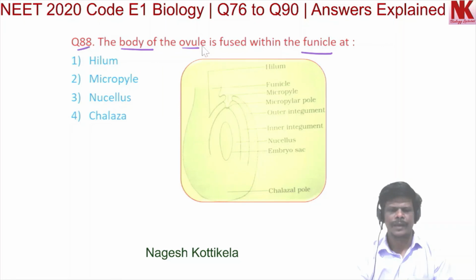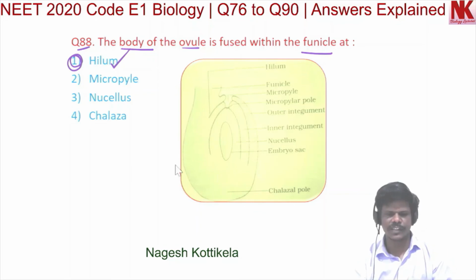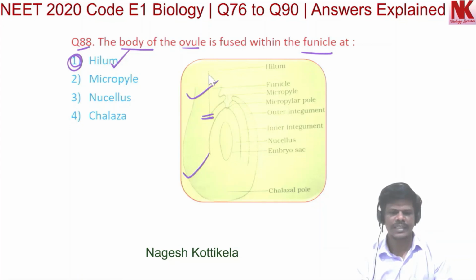Here body of the ovule is fused with the funicle at hilum is the correct option, because you can see in this picture this part is hilum. This is a funicle and this is the body of the ovule. So body of the ovule is fused with the funicle at hilum.